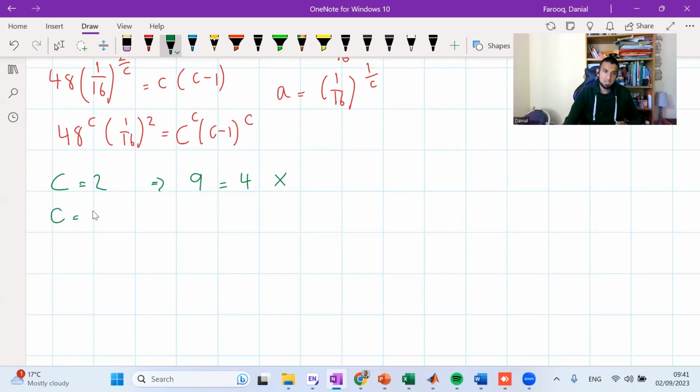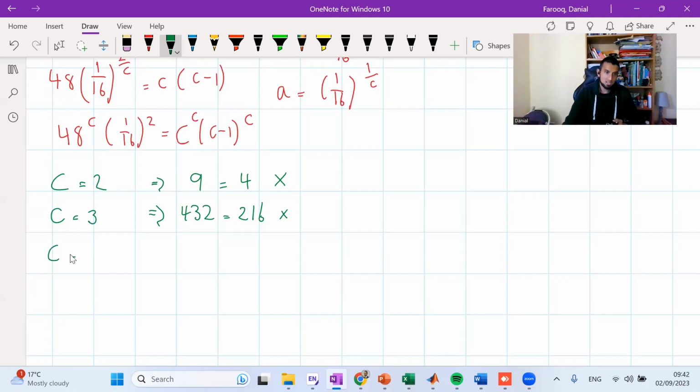Then we can try c equals 3. That would be 48 to the power of 3, 1/16 to the power of 2. And that would give us 432. And then on the other side, 3 cubed times 2 cubed, that would be 216. That is not true.